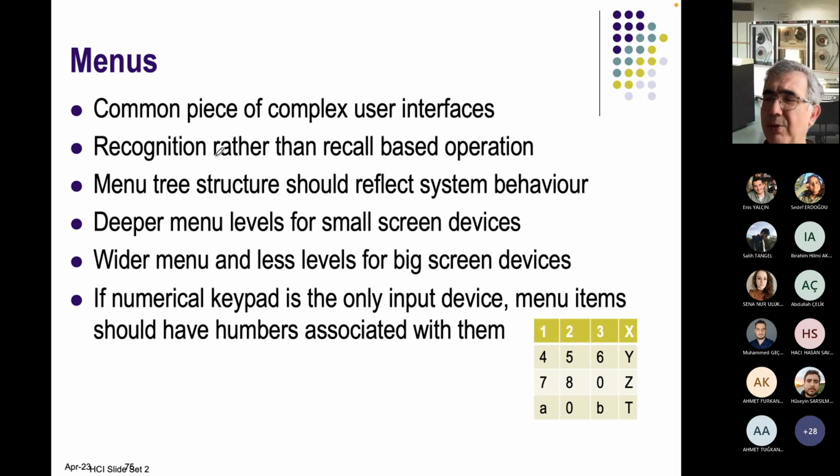But generally, wider menus and fewer levels are good for big screen devices. When a numerical keypad is the only input device, menu items should have numbers associated with them. Number punching is the alternative.